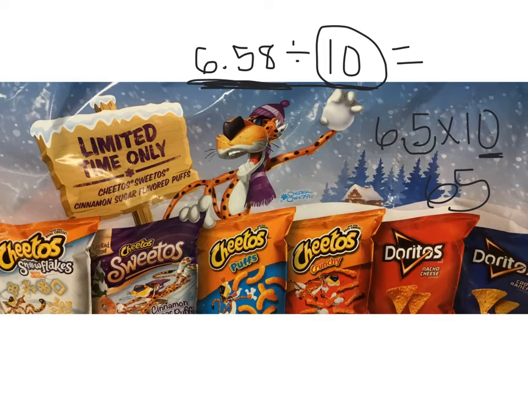I'm putting it into groups, so my decimal will move one time to make this 0.658. When we're talking about dollar amounts, of course, we only go 2 decimal places. So this 8 is going to make that 5 round to 6. So each bag of chips is 66 cents.